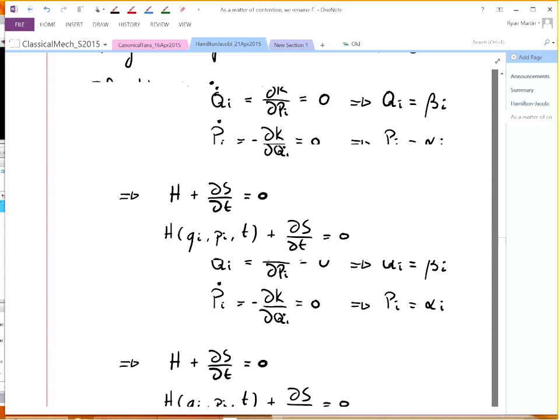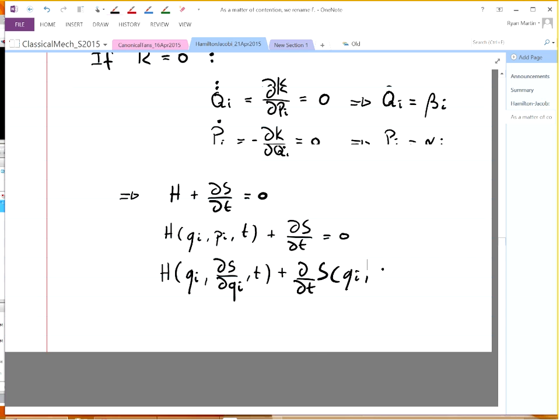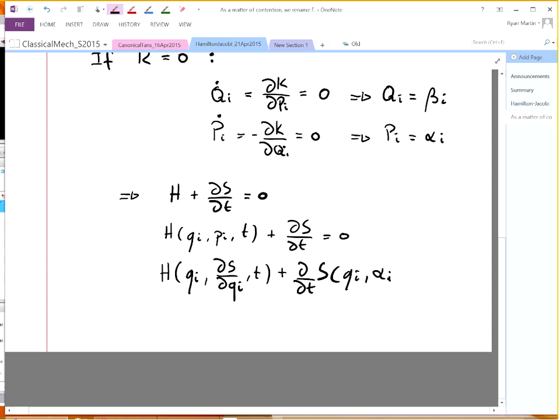There's one alpha per Pi. So let's put in alpha i instead, and then it depends on t. And of course that whole thing is equal to 0.